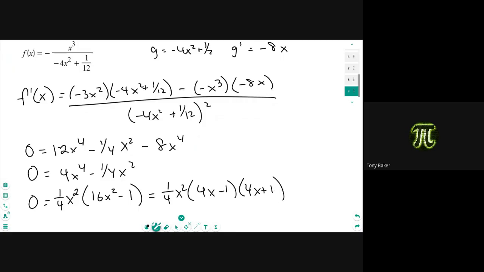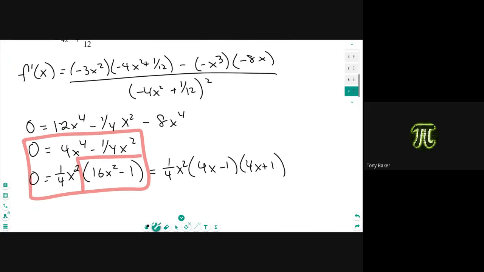So this is where algebra skills really come into play, especially in this part here, making sure that you can factor those two things, and then remembering that that's the difference of two squares. It will make your life a lot easier when you're factoring things. So this now equals x equals 0, 1/4, and negative 1/4.